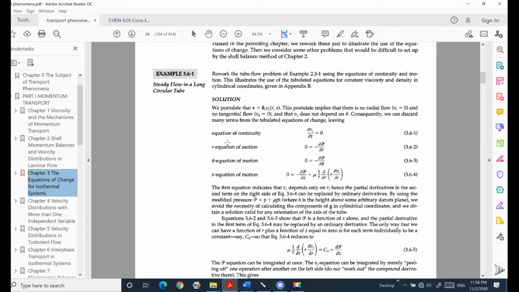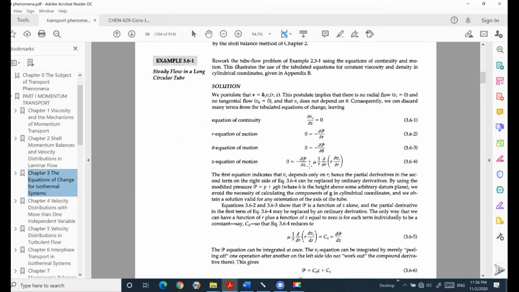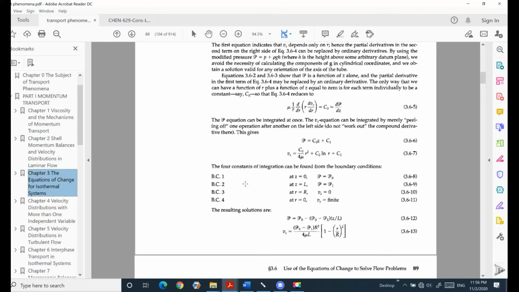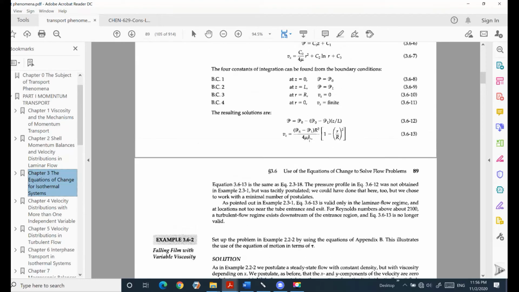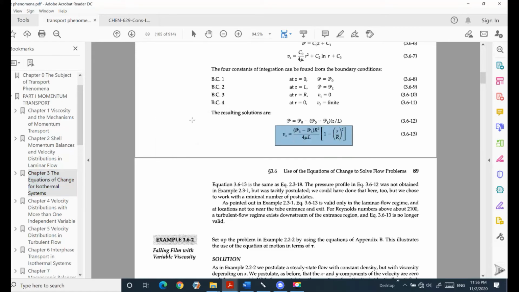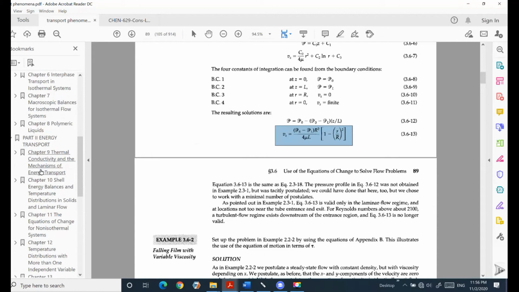As we've seen, we obtained similar things, and we obtained this finally. And the solution for this equation for the boundary conditions was that one. That was our velocity distribution through the circular tube.